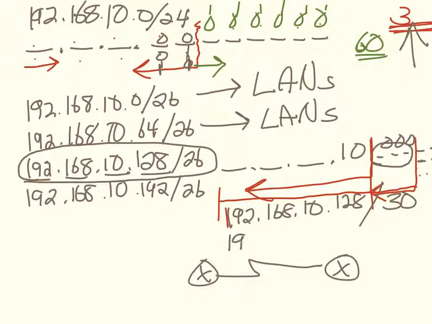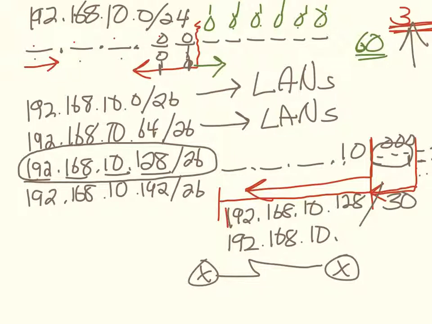I'll write one more out, and then we'll be done here. 192.168.10 dot. This is really tricky. So you put a 1 right here. If there's a 1 there of our combination of 8, what does that give us?